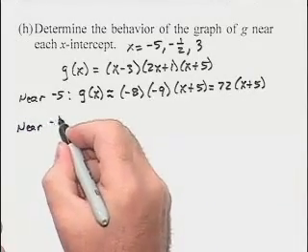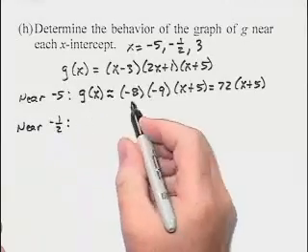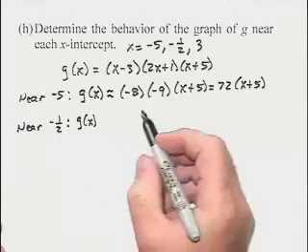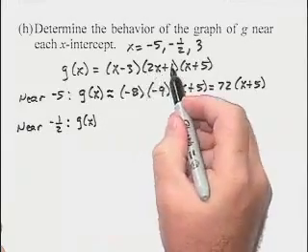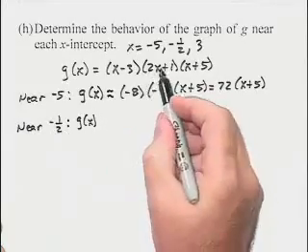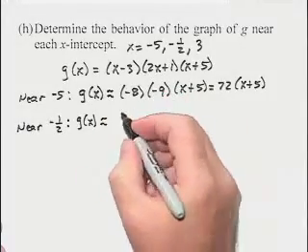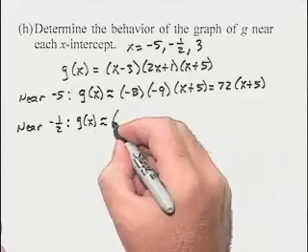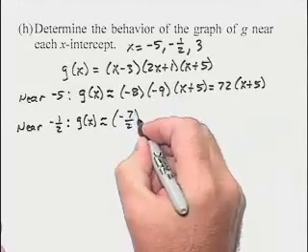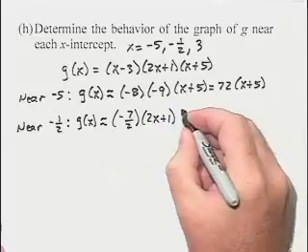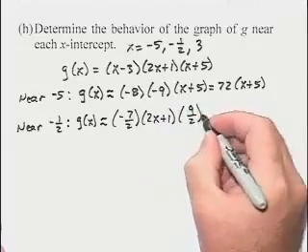Next, we'll look at the intercept -1/2 and do the same thing. We're going to let x equal -1/2 in each of the factors except for the factor that gave us this intercept. That is 2x plus 1 in this case. So g of x is going to be approximately -7/2 times (2x plus 1) times 9/2.